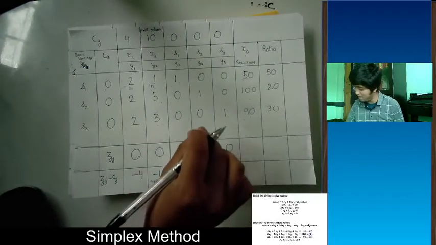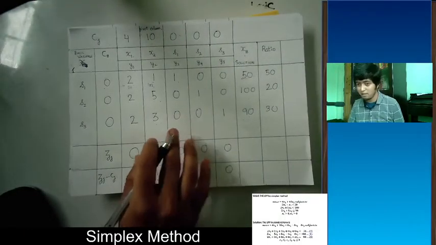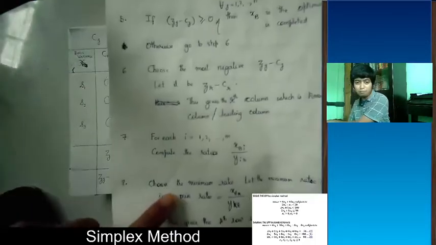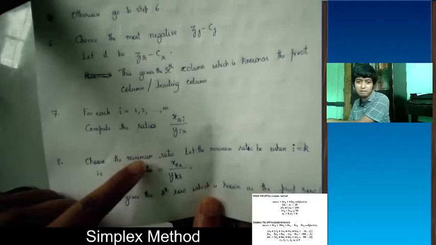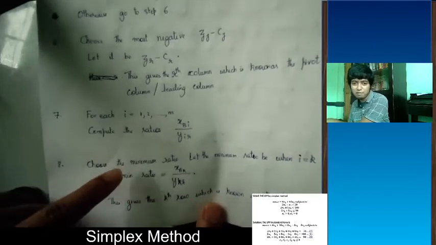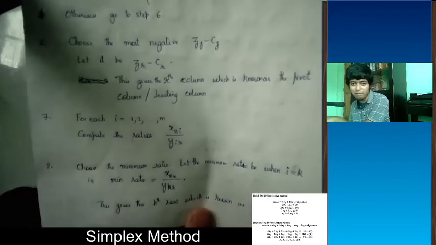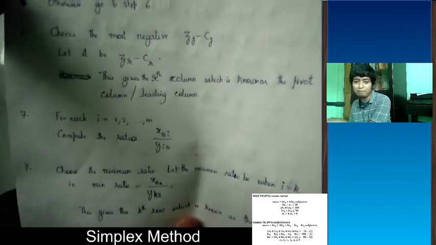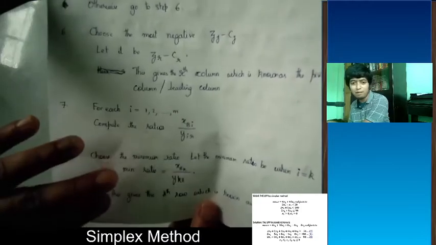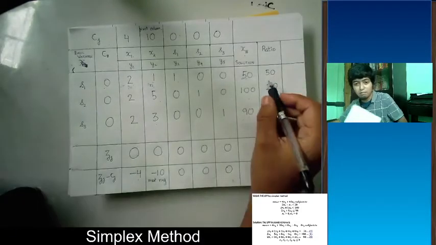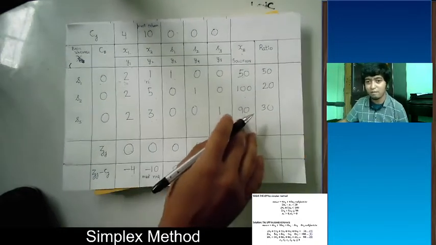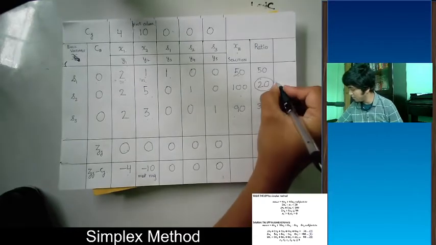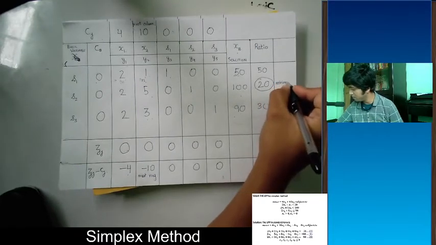After finding the ratio, we will have to choose the minimum ratio. Actually, the ratio should be positive. Do not worry when the ratio is negative. When all the ratios are negative, we will have to do something else. But now all the ratios are positive, so we will choose the minimum one. The minimum ratio is this.